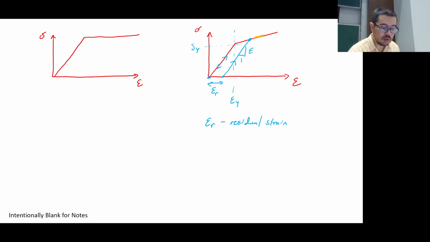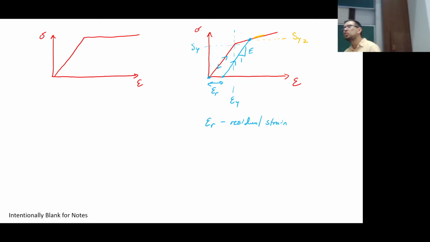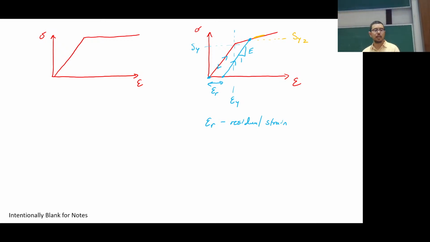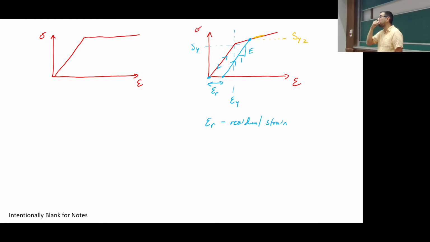So I've introduced some residual strain, but now my new strength is actually higher than my original yield strength. Everything has limits, if you go beyond too much. But it's a really cool property of steels.